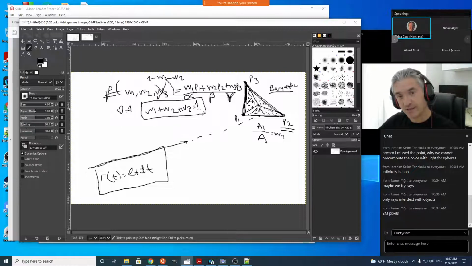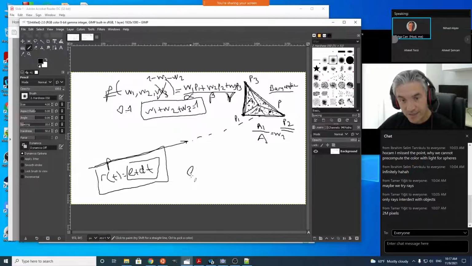Since I talked about barycentric coordinates, we can actually try to do the intersection. Imagine there is an intersection point P. At this P, the ray equation E plus dt is equal to the triangle equation.